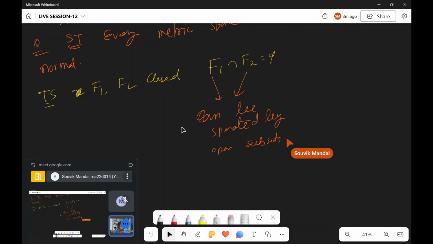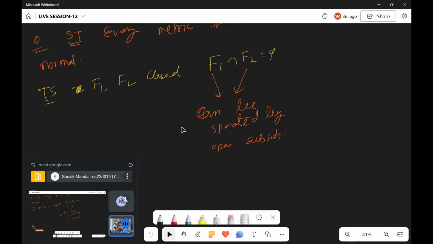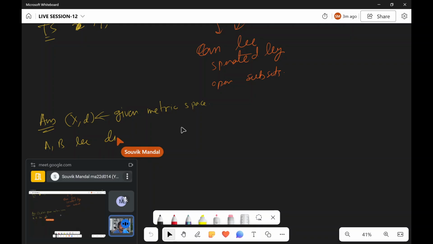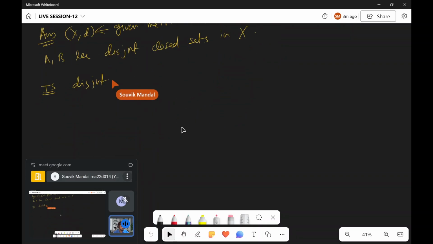Let X be the given metric space, and let A and B be two disjoint closed sets in X. What we need to do is produce disjoint open sets U and V such that A is a subset of U and B is a subset of V.